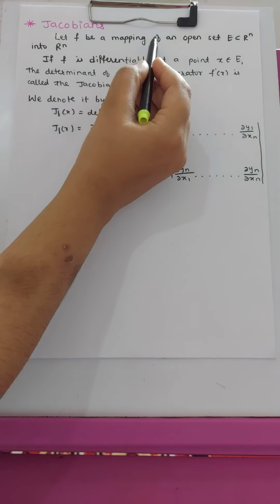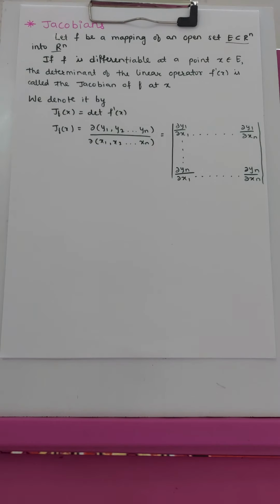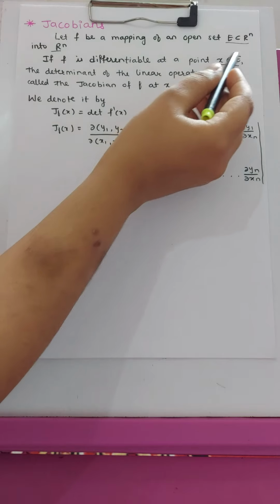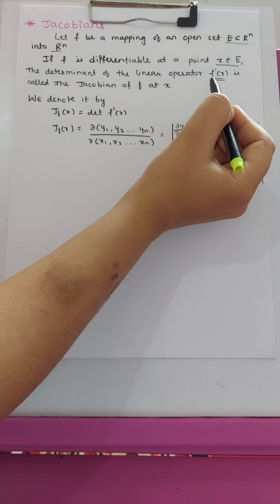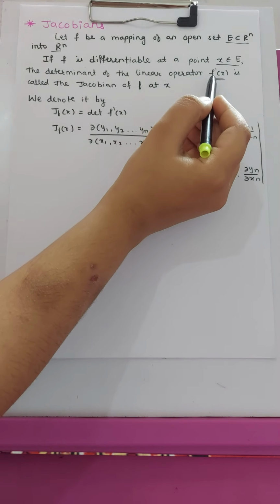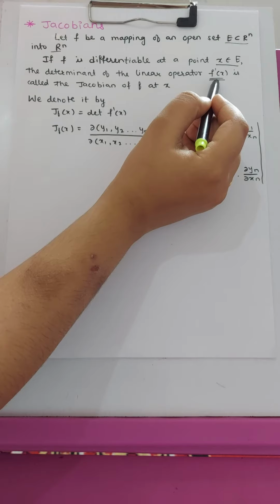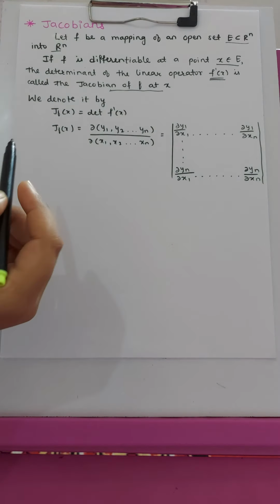Let f be a mapping of an open set E, which is a subset of R^n, into R^n. Now if f is differentiable at a point x which belongs to E, then f'(x) will exist, and the determinant of this linear operator f'(x) is called the Jacobian of f at x.